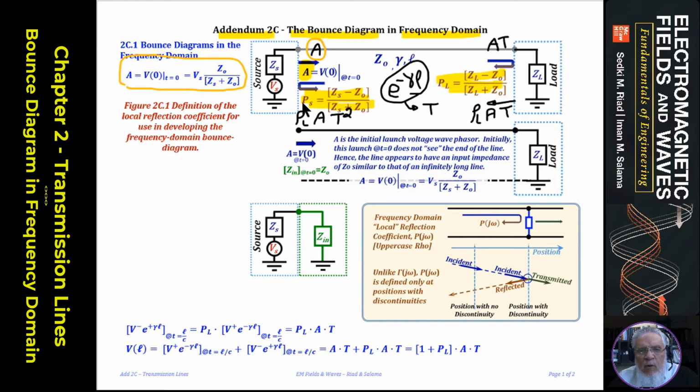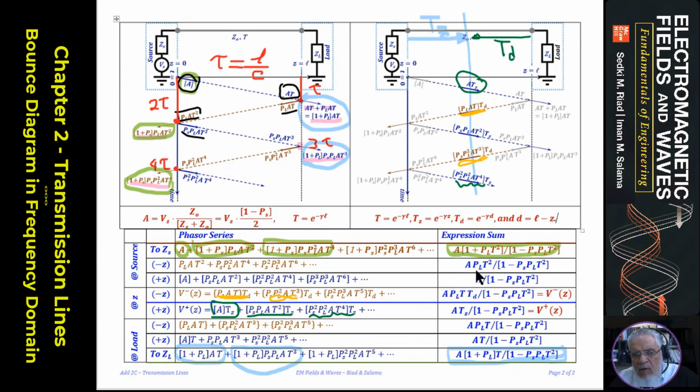Now, why did we call this rho instead of using the gamma? This diagram here explains why. The gamma was basically the ratio, at any location on the line, between the reflected signal and the incident signal. So it was V minus over V plus. Actually, the gamma of Z is the ratio between this V minus and the V plus.